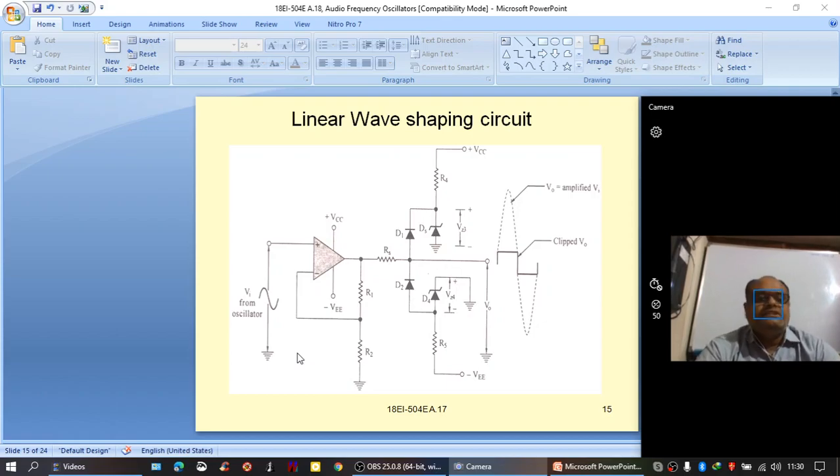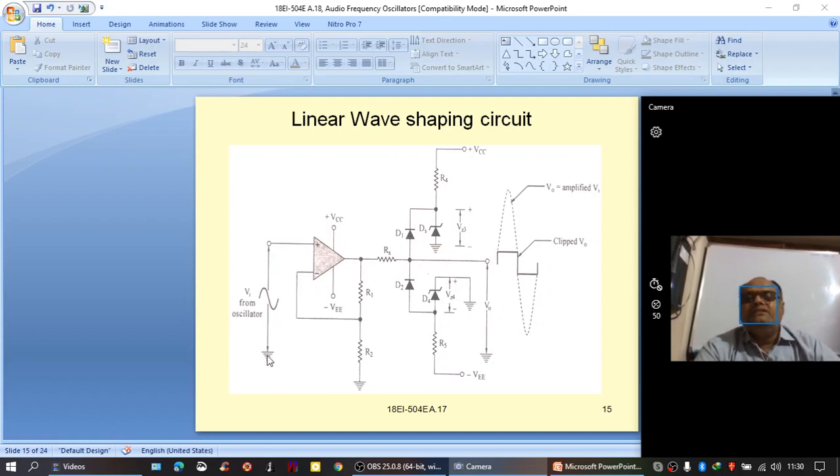The first part is the sine wave generator, and the second one is wave shaping circuit. Here a Schmitt trigger circuit is used. This is for rectangular or square wave, a sine to square wave converter circuit.